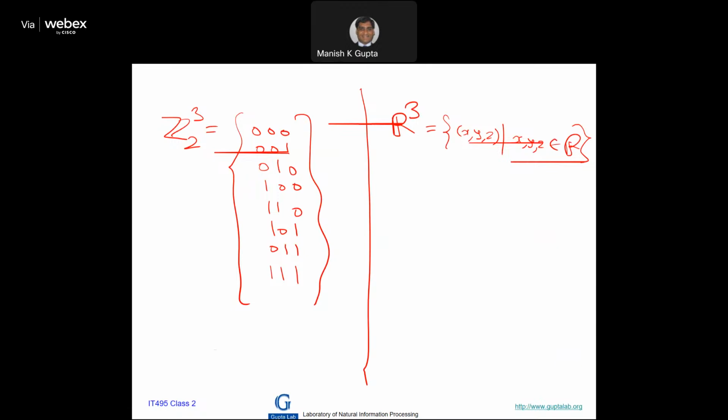if I take any non-zero vector here and take it as a basis, it will give us a one-dimensional subspace, right?